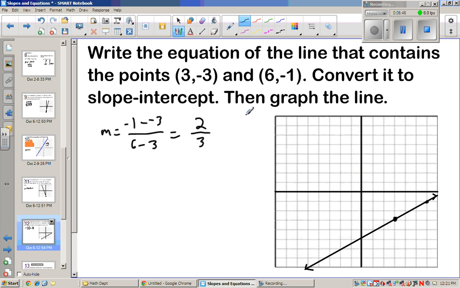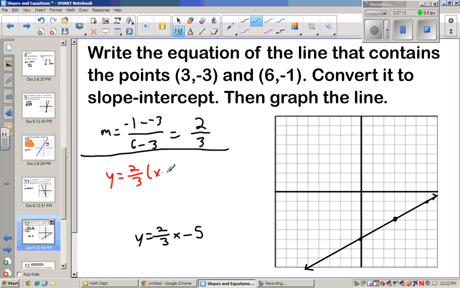And now that we have that, if I want to do it in slope-intercept, we can look here, and this one happens to hit here perfectly, so that's 1, 2, 3, 4, 5. So y equals 2/3 x minus 5. It doesn't always work out that nice where it hits that perfectly. So if it doesn't hit so nicely, what I would do is write this in point-slope form.